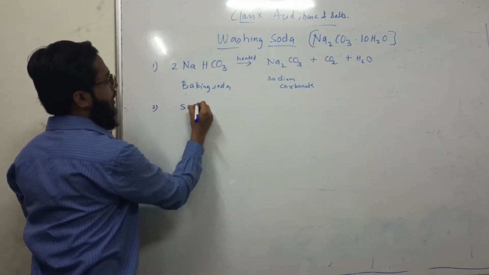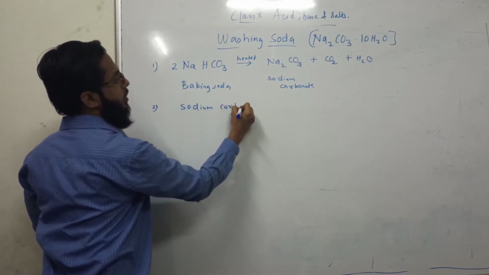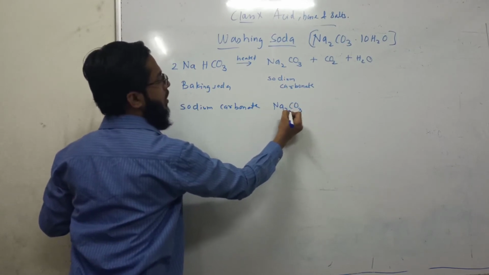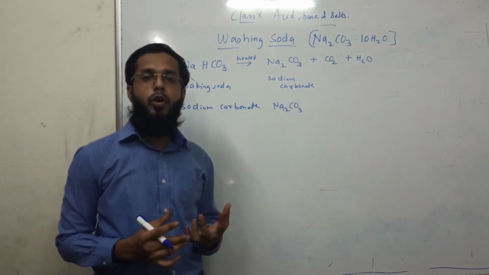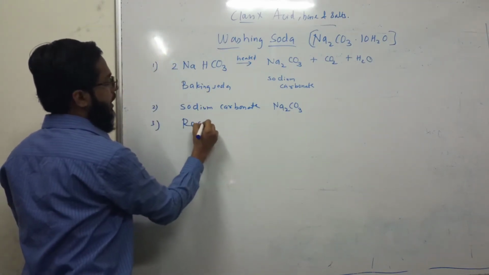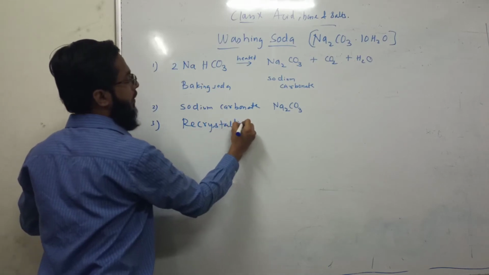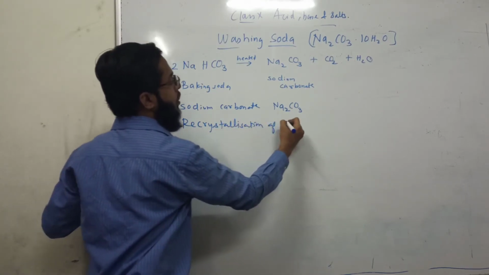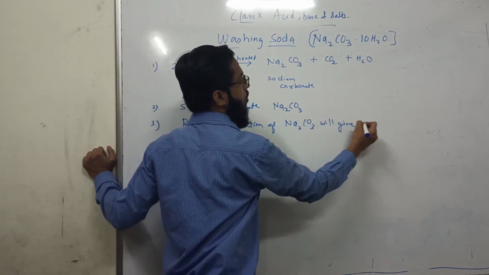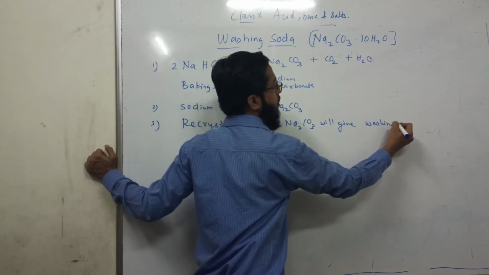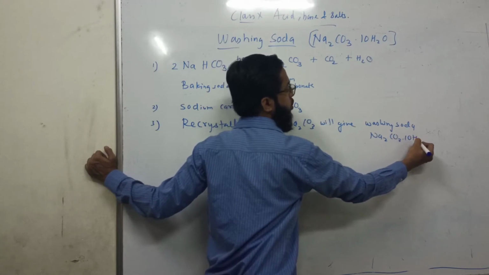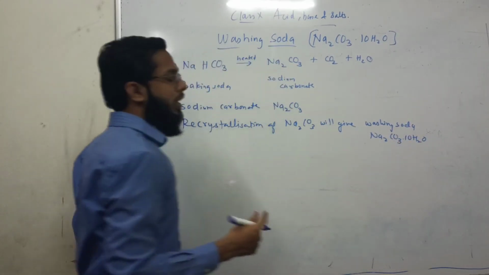Sodium carbonate, Na2CO3, is a white solid compound, but during the recrystallization of Na2CO3 it will give washing soda, that is Na2CO3.10H2O. So what is recrystallization?